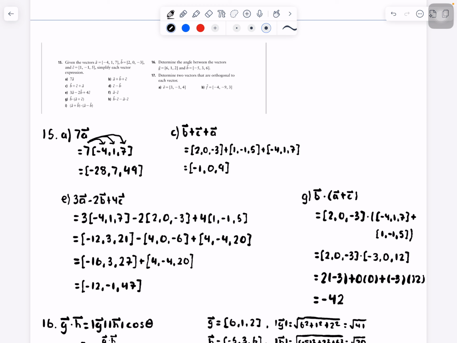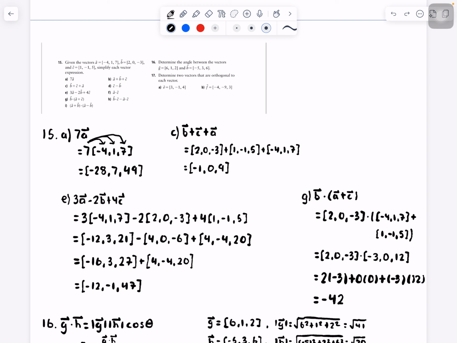B plus C plus A. So for this one, you can actually add them in any way you like because vector addition is associative. I could have chosen to do C plus A first, or I could have chosen to do B plus C first. It doesn't really matter because vector addition is associative.